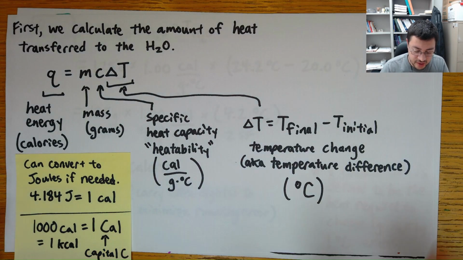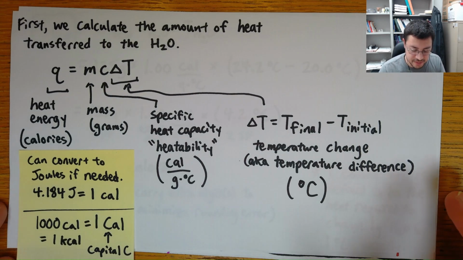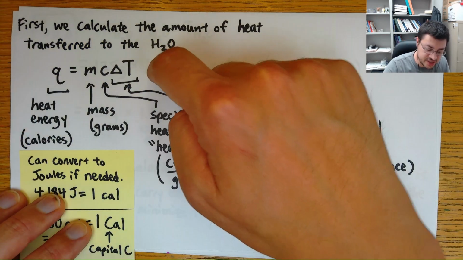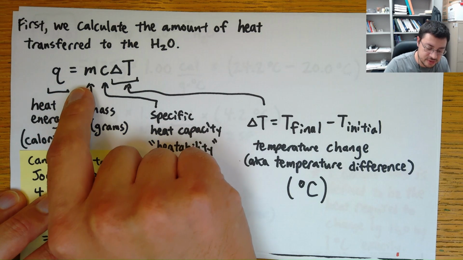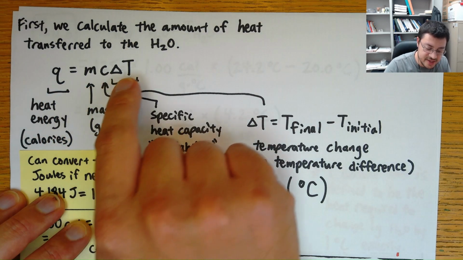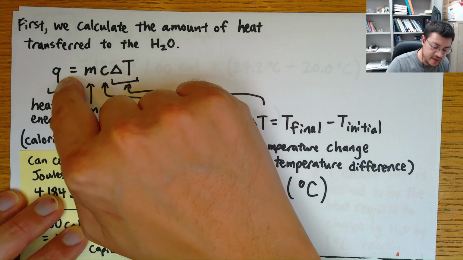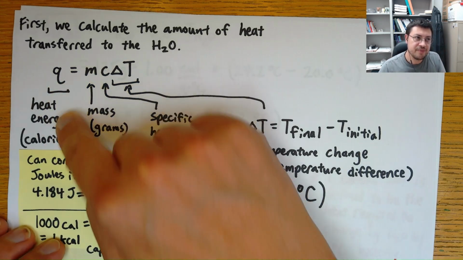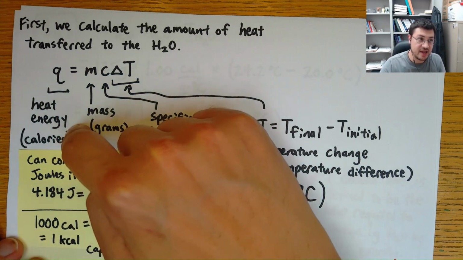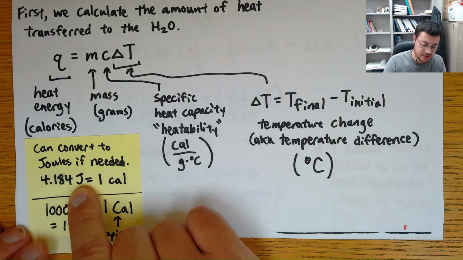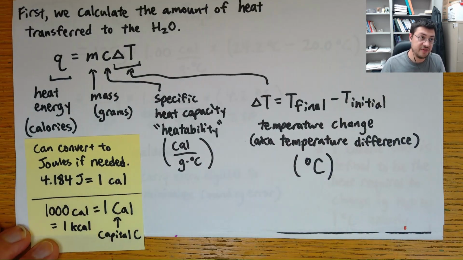So we're going to have to do some water-based study here. So we have this equation here, Q equals mc delta T. Q is the symbol for heat energy. We're going to use calories today. If you need joules, you can always do a conversion if necessary.